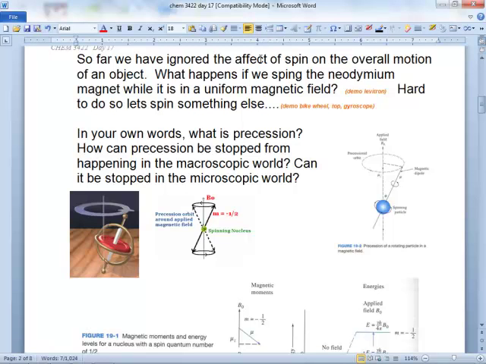There are few things where macroscopic and microscopic worlds behave the same, and I wish I could start making a list of these. Here's one of them: you can't stop the precession. I can spin at whatever speed I want, so that's kind of different. And I can hold that at whatever angle I want. That's different too. But other than that, at least there's precession in both worlds.